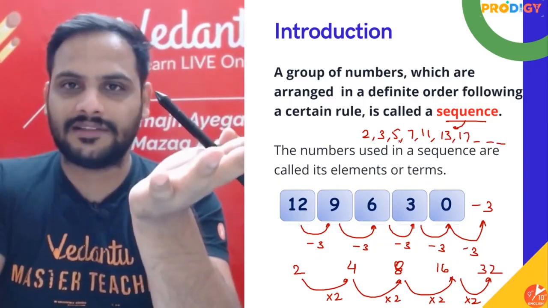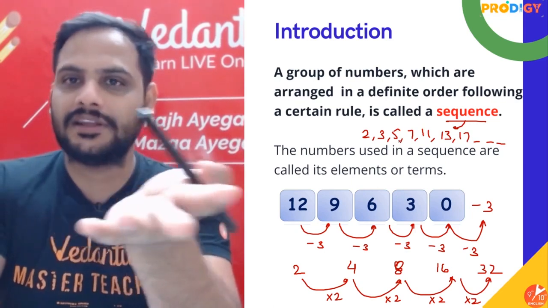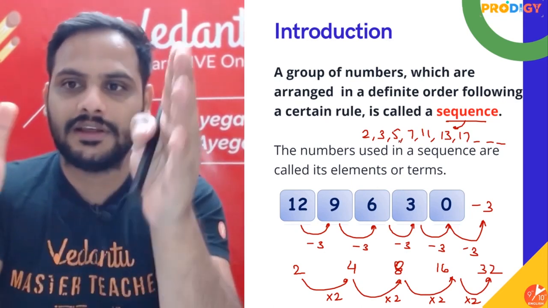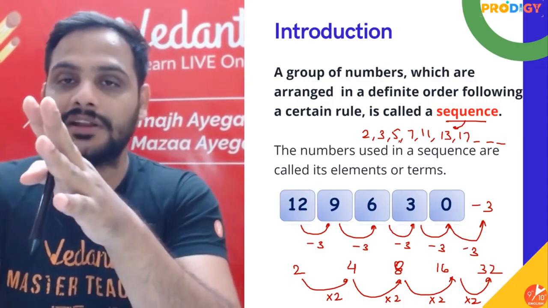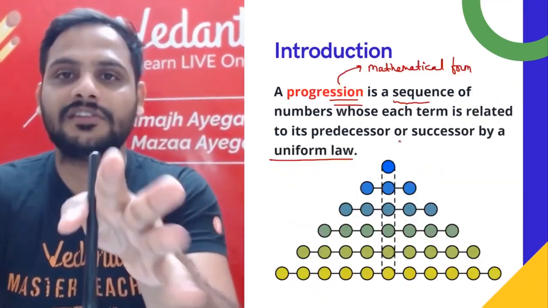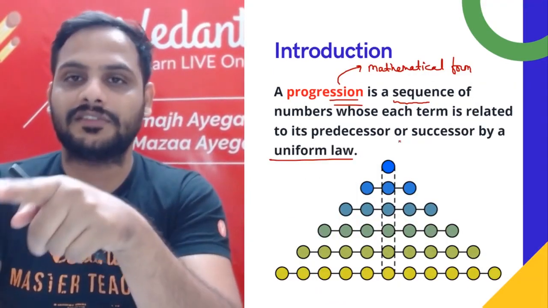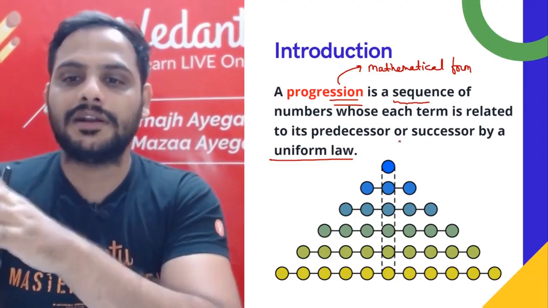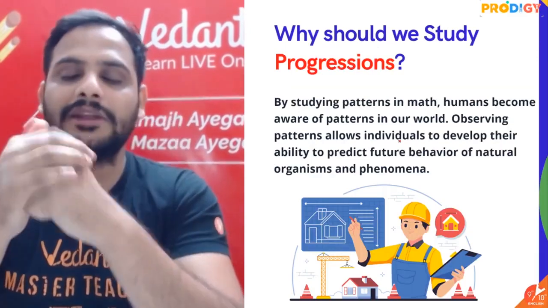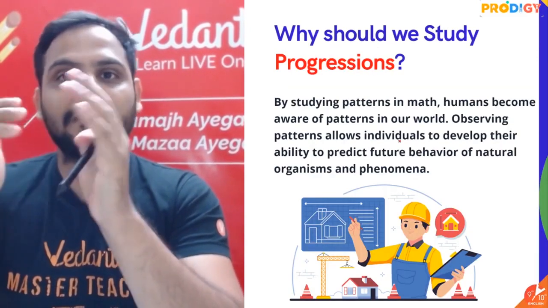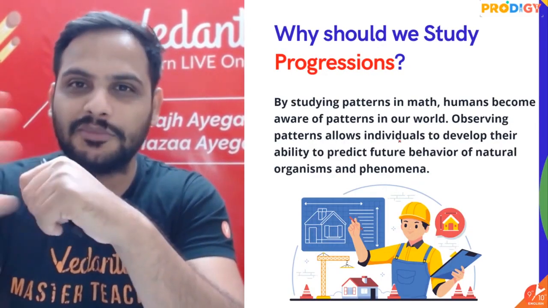I have to check which will be the next prime number, and only then it is written. So not all sequences can be written with a formula, but progressions are those sequences which can be written with the help of a mathematical formula. So in arithmetic progression there are mathematical formulas involved.